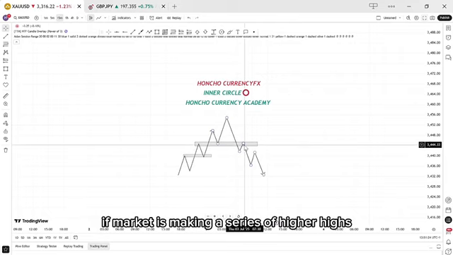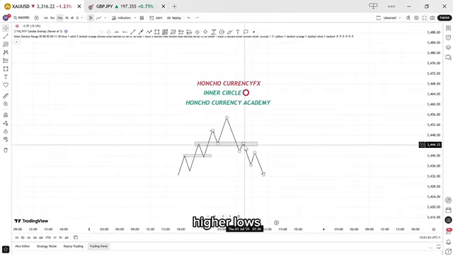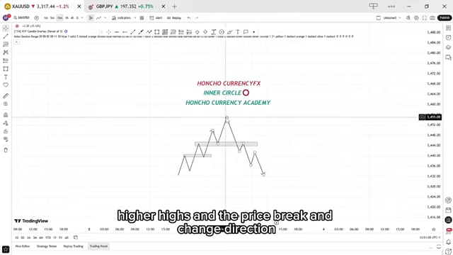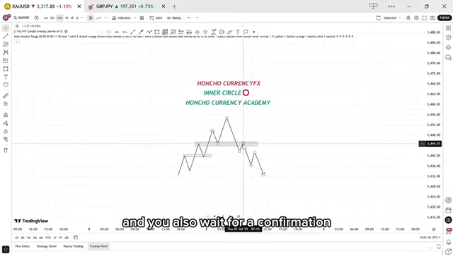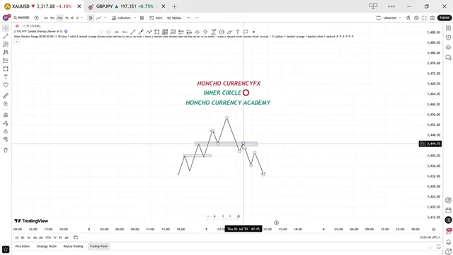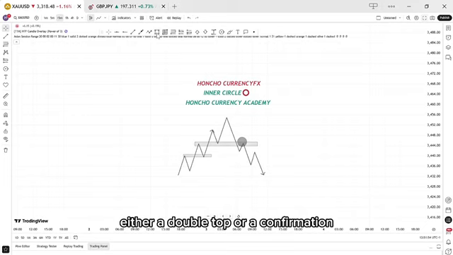If the market is making a series of higher highs, higher lows, higher highs, higher lows, higher highs, and the price breaks and changes direction, wait for a confirmation from this resistance level. You also wait for a confirmation inside this resistance level, either a double top or a confirmation.